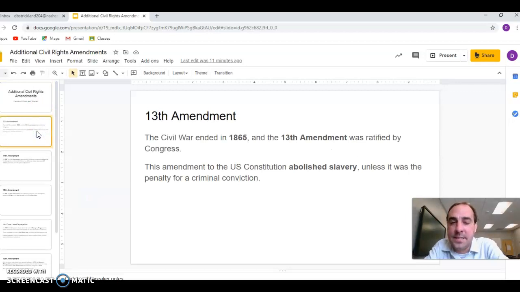In 1865, what we had was the ratification of the 13th Amendment. This amendment abolished slavery, unless it was the penalty for a criminal conviction. Now, before I go any further, I'm going to put a lot of dates up here, but I want everybody to hear this. We're not trying to memorize dates.